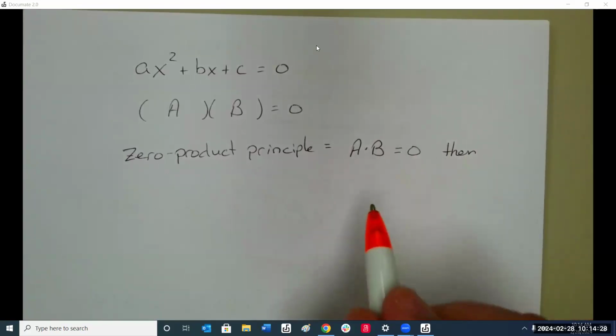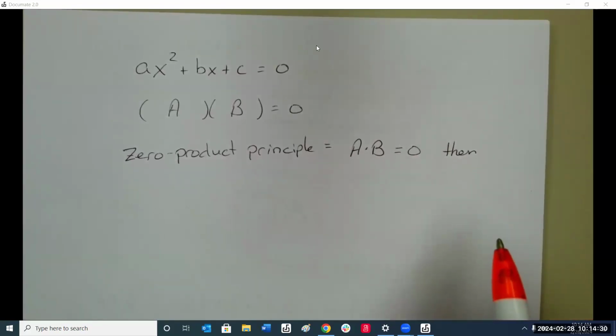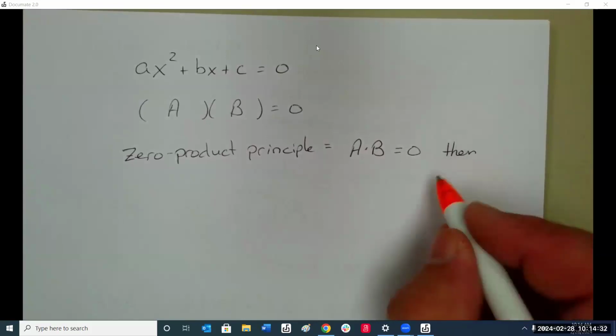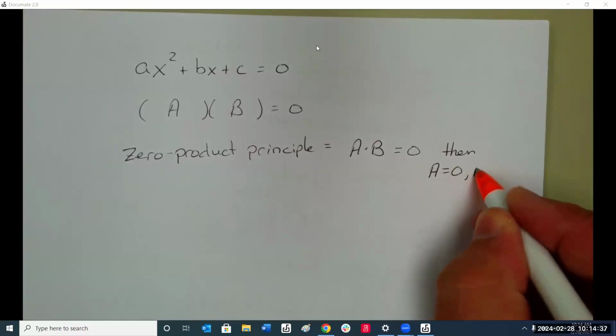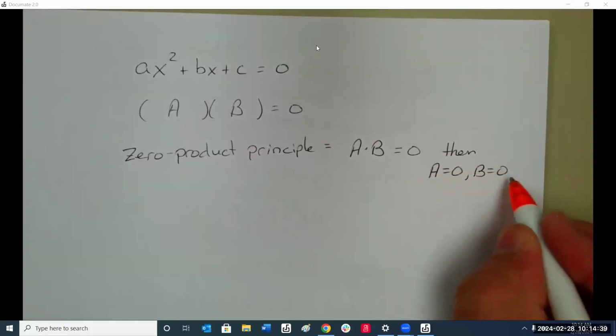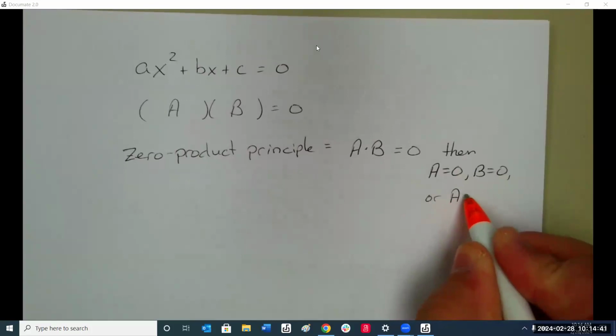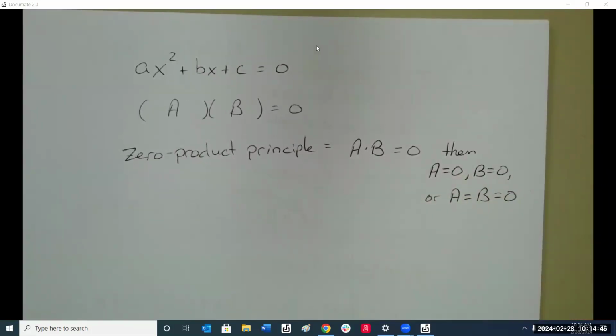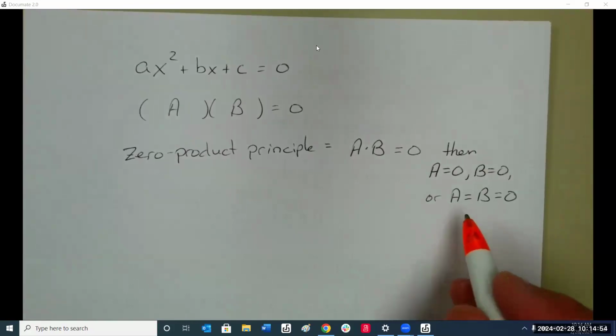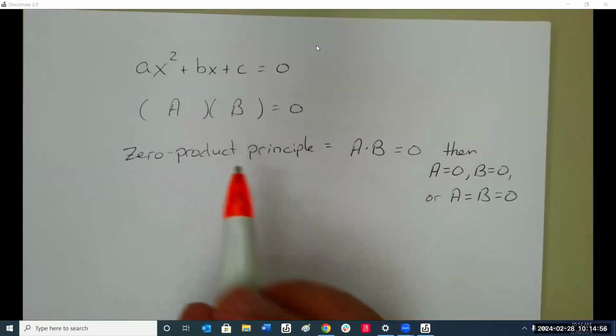If you have two numbers multiplied that equal 0, what has to be true? Either the first one is equal to 0, the second one equals 0, or they're both equal to 0. Do you know which one equals 0? No.